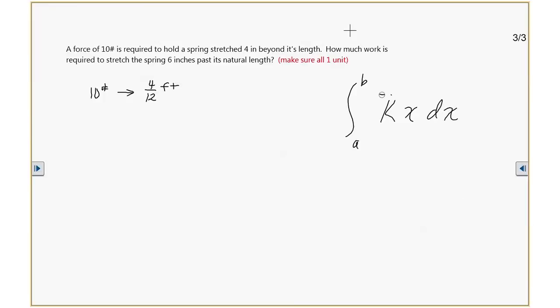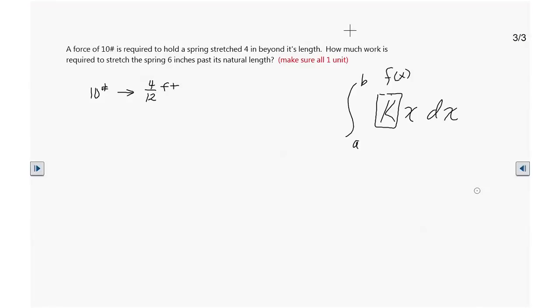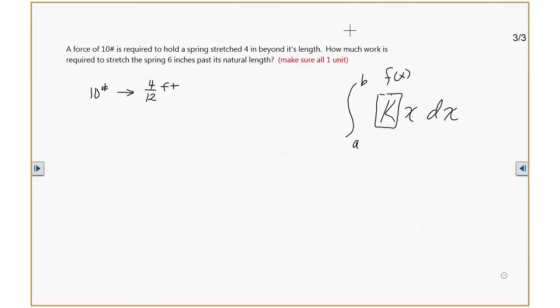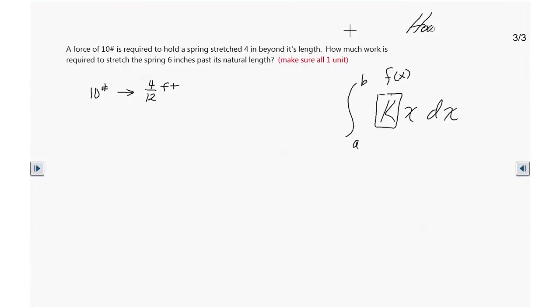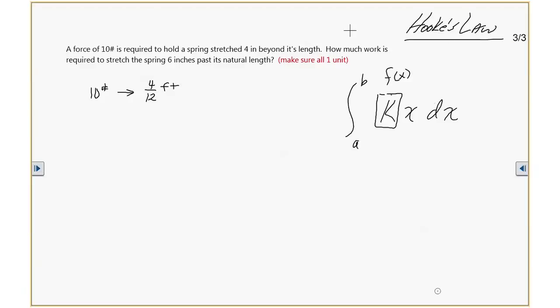Now, what went here with your work problem a while ago? F of what? X. Or a rate, or a force. The k you got to find with Hooke's law. Alright, so we're talking about Hooke's law here. So 10 is equal to k times 4 over 12.